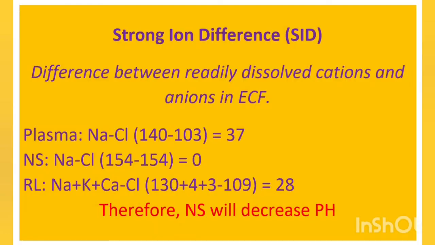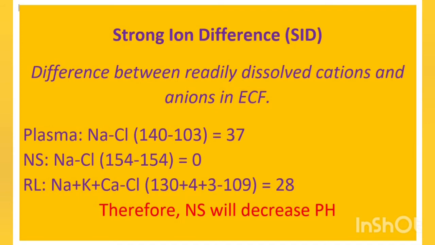One more point is that the SID, that is strong ion difference of plasma, is 37, which gives us a pH of 7.4. Now, what is SID?